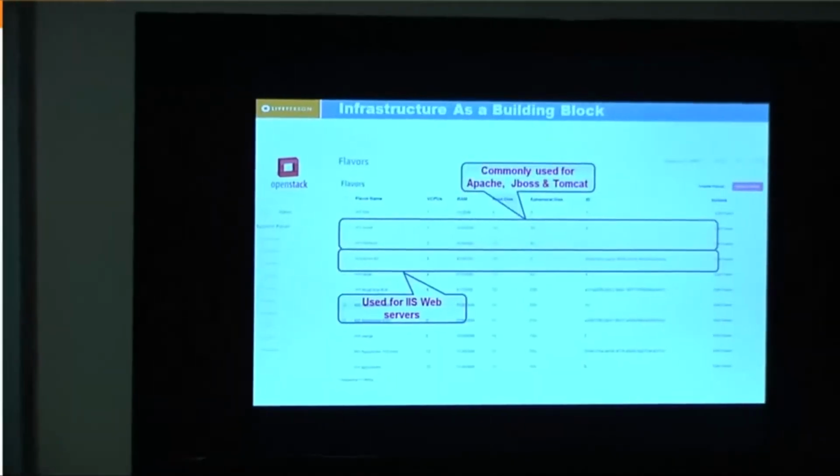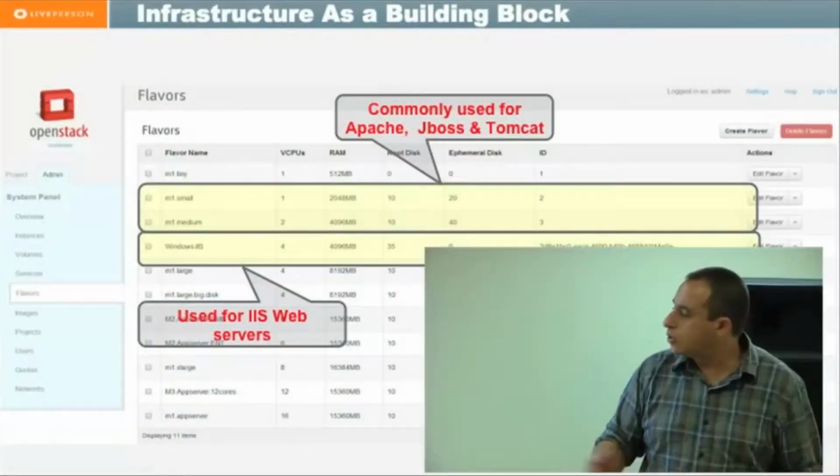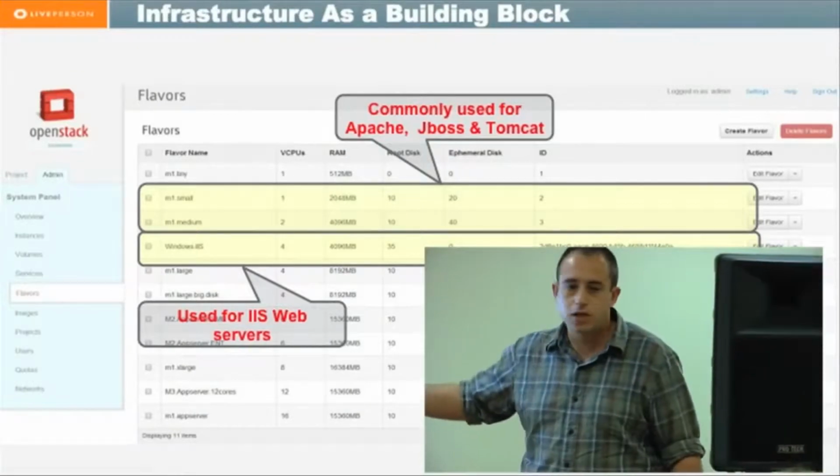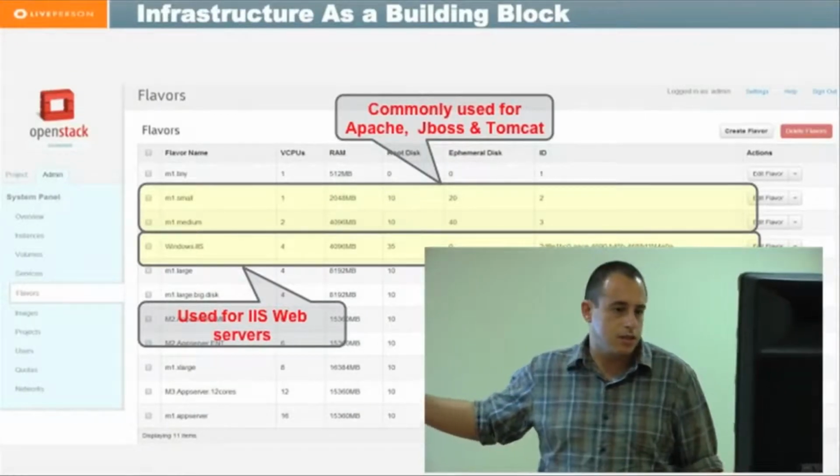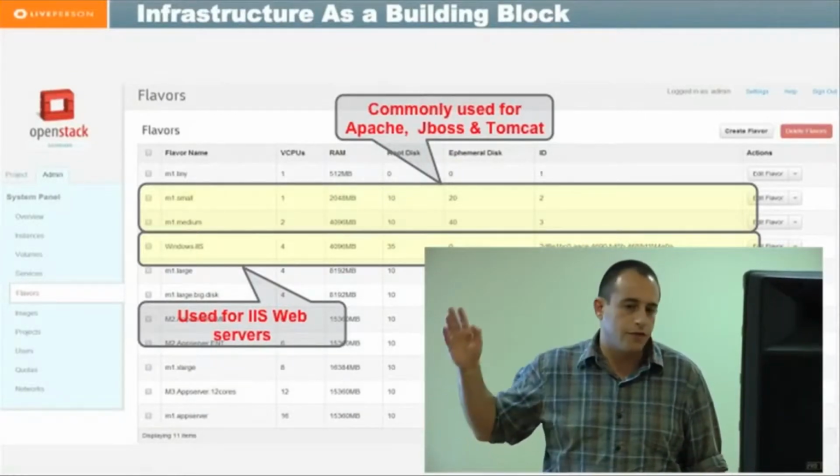For us, it's all about small instances with 2 cores and 4 gigabytes of RAM, for the Apache, Tomcat, JBoss, they don't need a lot of cores. But we do have implementations for bigger instances with 12 cores and 15 gigabytes of RAM. You can do much more than that if you need. It's up to you.